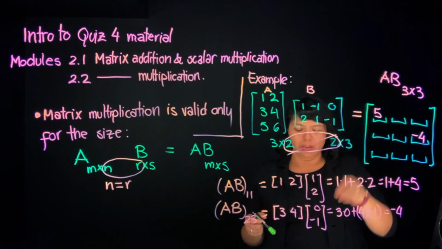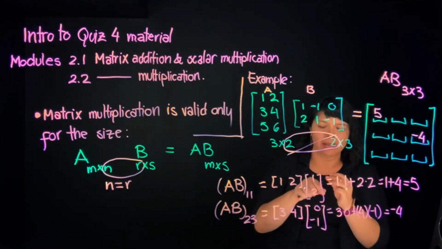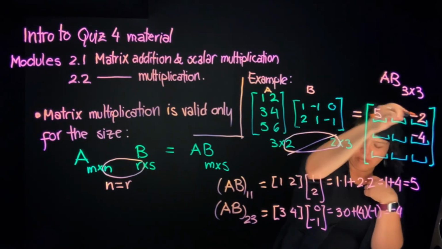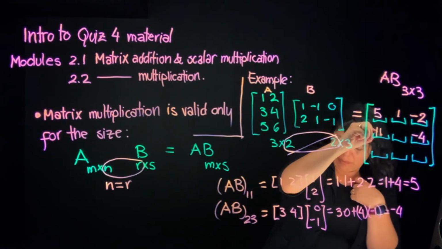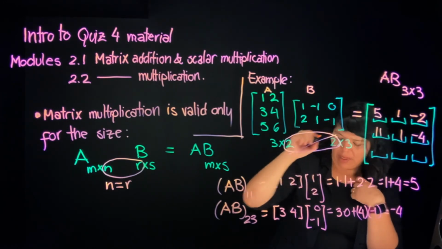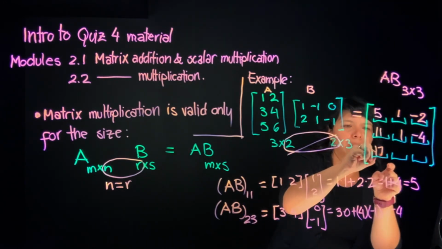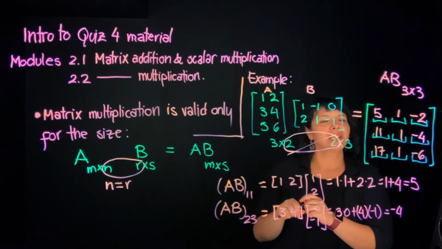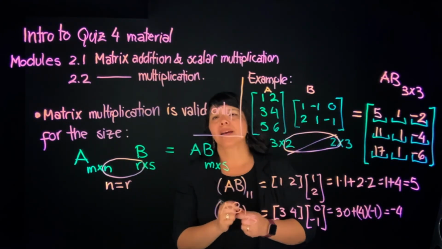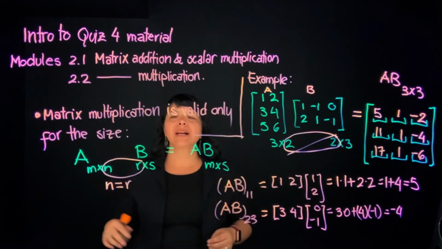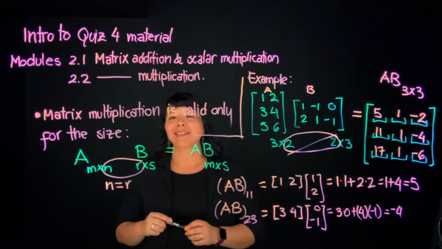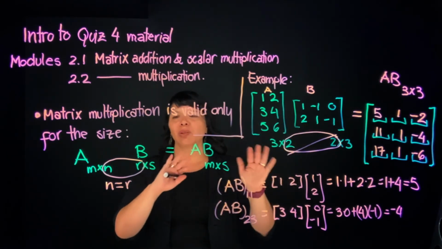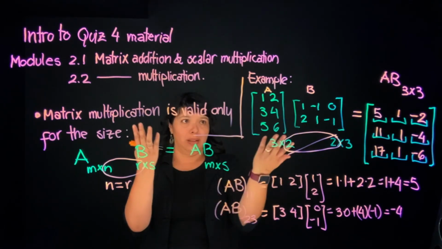After you completed this, you should have gotten 1 here, negative 2, 11, 1. This was 17, 1, and negative 6. And like I said, this is a good introduction to the material. Go ahead now and start reading our textbook for more details, putting together the notation there with these ideas.